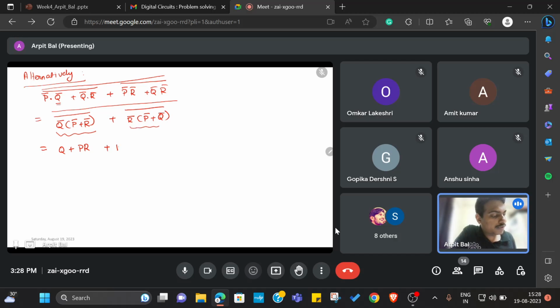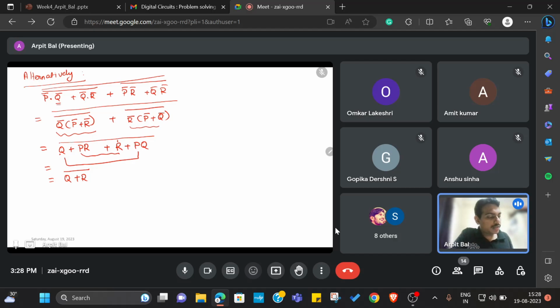We will have q + pr, plus, using De Morgan's here, r + pq, whole bar. Then I can take r common from these two terms and q common from these two terms. If I take q common from here, I will have 1 here; if I take r common from these terms, I will have 1 here. So at the end I will be left with (q + r)'.